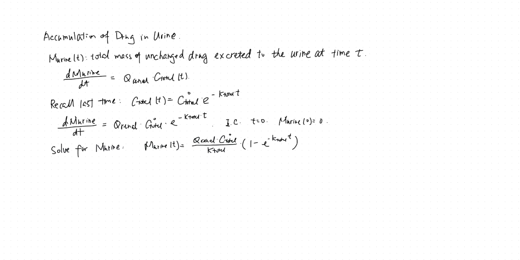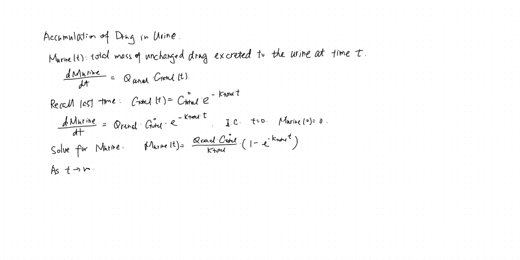And if you are asking about the accumulation amount in the urine after a long time, for example, after someone has taken a drug, instead of asking what happened after 1 hour or 2 hours, let's ask what happens in the urine after a long time. So as t goes to infinity, what does this equation look like?